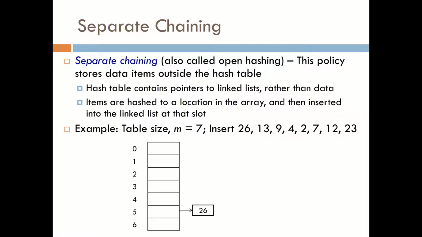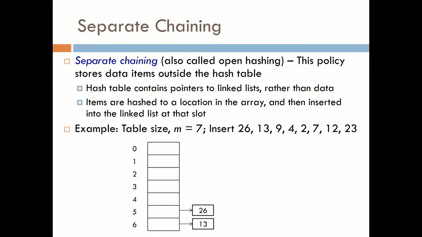All the other linked lists are empty. We then take the value 13 and we mod that by the table size M, which is 7 in this case, and the remainder is 6. And so we store 13 into location 6. Notice that there is no similarity between the data we're storing and the actual location where we're storing it.